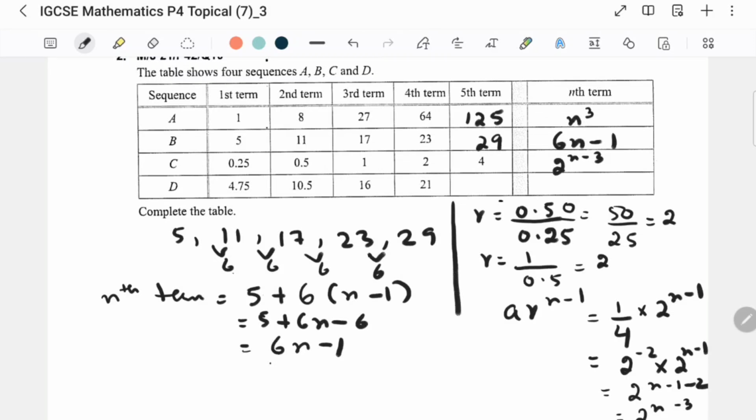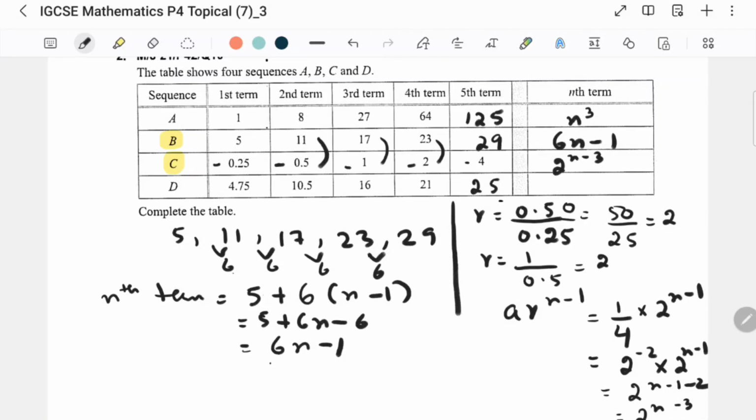This next part, d. Actually, I've checked that d is the difference of b and c. If you see, 5 minus 0.25 is 4.75. Then 11 minus 0.5, where you will get this number. 17 minus 1 you get 16. 23 minus 2 you get 21. And 29 minus 4 you will get 25.